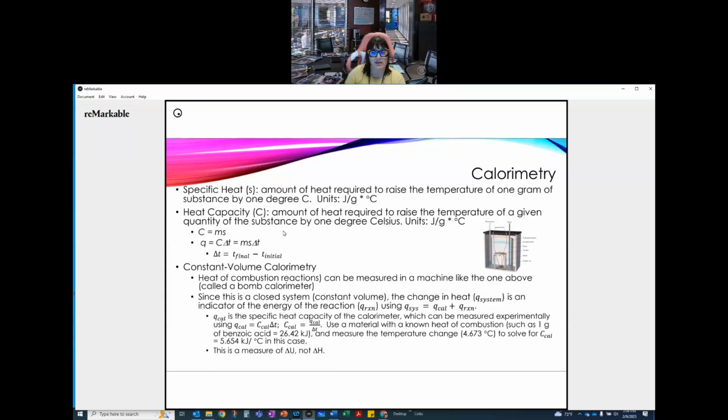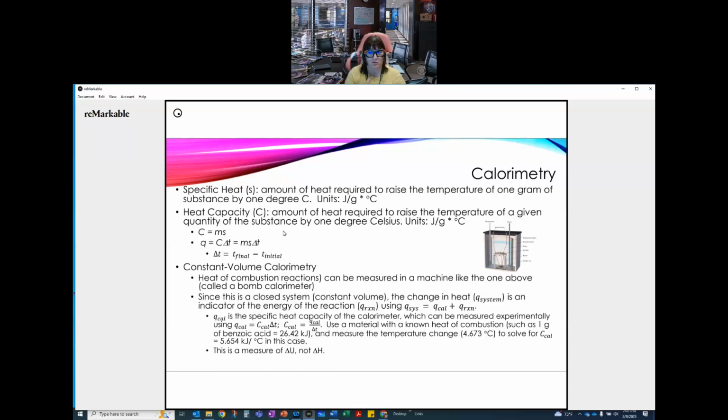So the specific heat, how much it can accept, has a lot to do with how much heat it can take. We also know that the Q, that heat transfer, is equal to C times delta T, which therefore is equal to M times S times delta T, where M is the mass, S is the specific heat, and delta T is the change in temperature. So delta T is T final minus T initial.